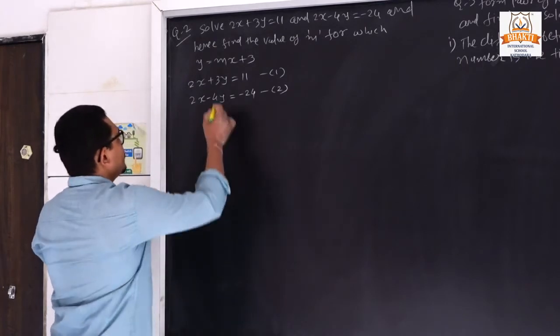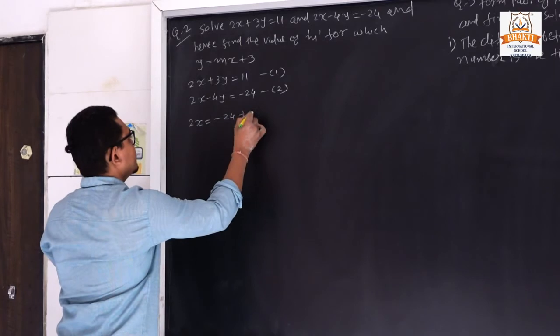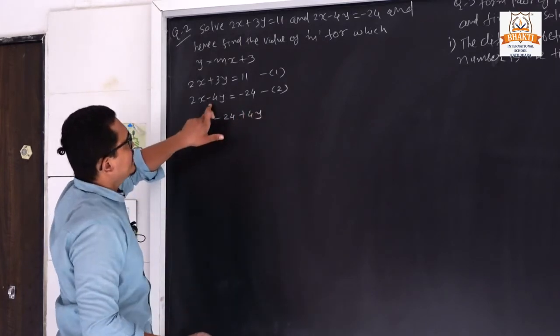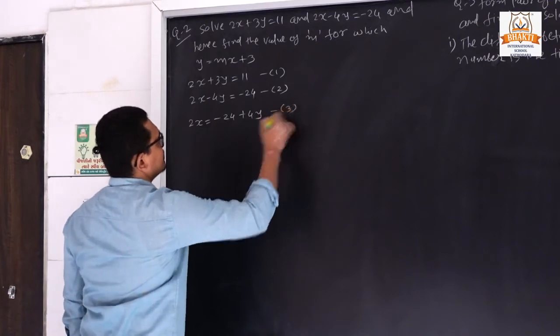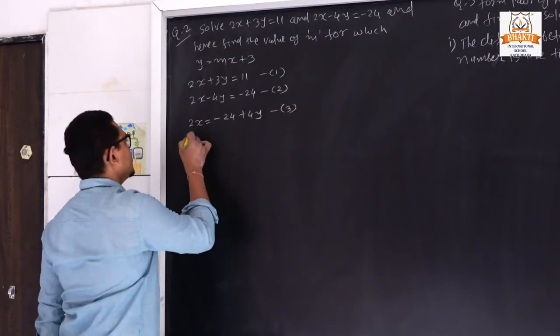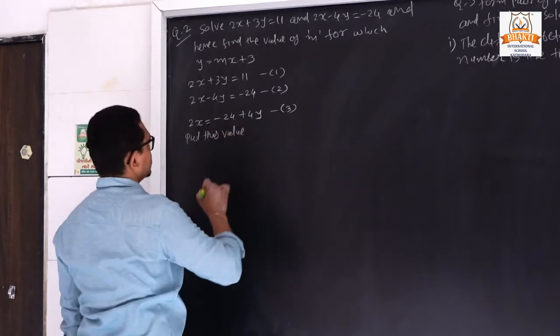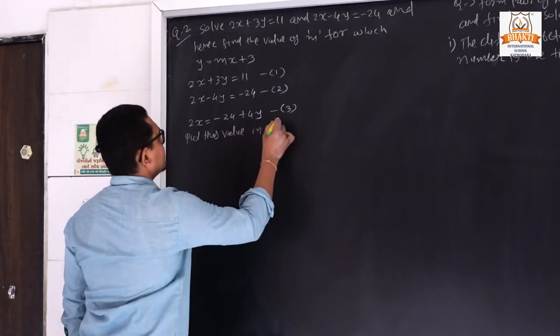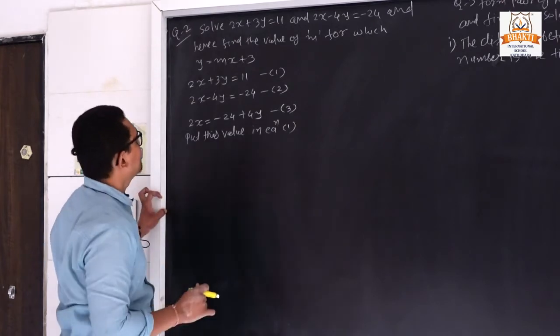Now next, from second, we can write like that. This minus 4y is going second side, so it become plus. We can declare it is result number 3. Now put this value in equation number first.